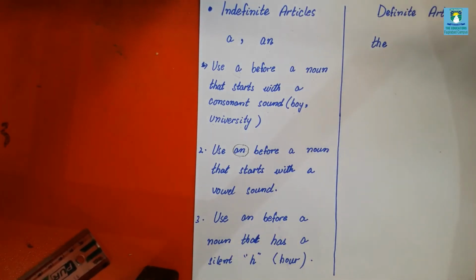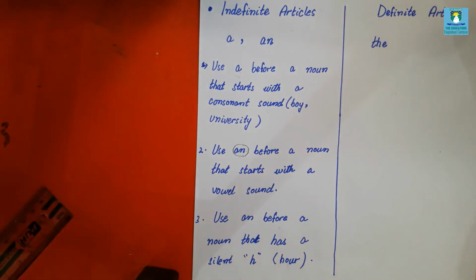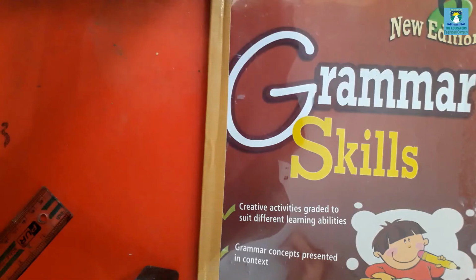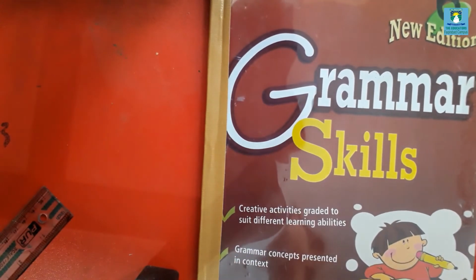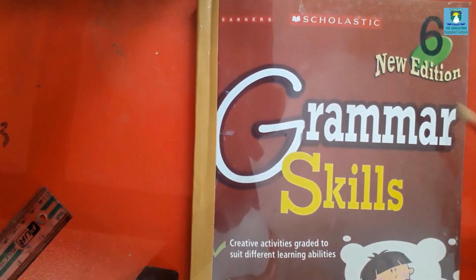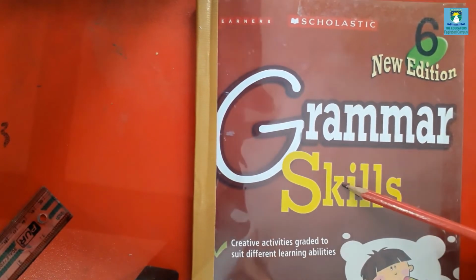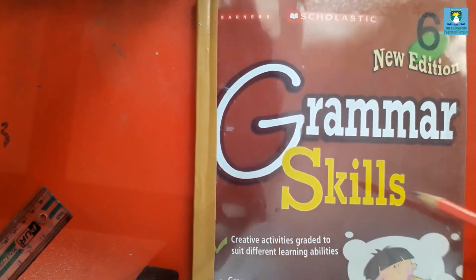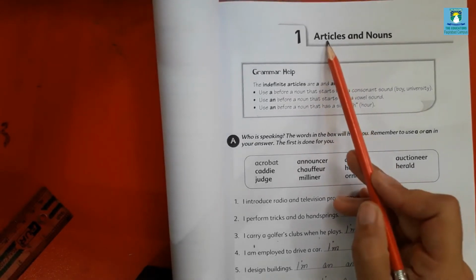Now open your books and let's do the book task. This is your grammar skills, for grade 6 new edition. Open page number 1 of your grammar skills. On page number 1, articles and nouns, grammar help.